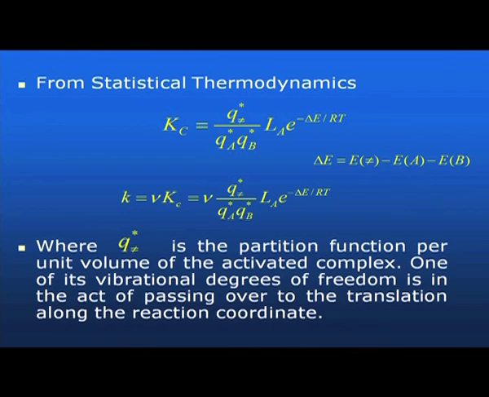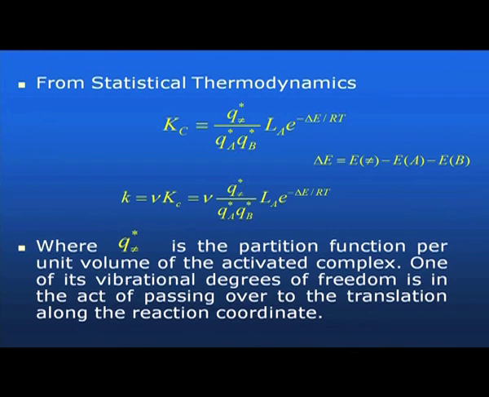The idea is that out of many vibrational degrees of freedom, only one will be responsible for making this activated complex pass the top of the barrier.